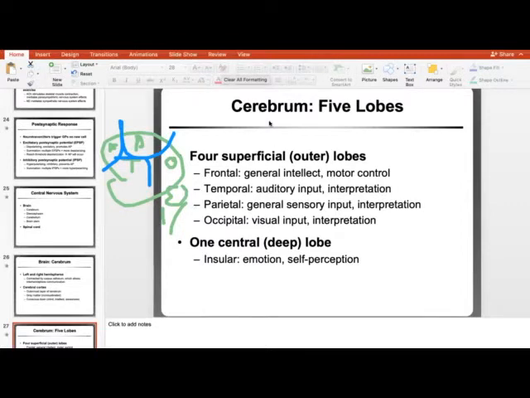So to say that all of the motor control comes from the frontal lobe is another example of hierarchical motor programming, saying that this motor control is a function of the frontal lobe, and then all auditory interpretation is from the temporal lobe.